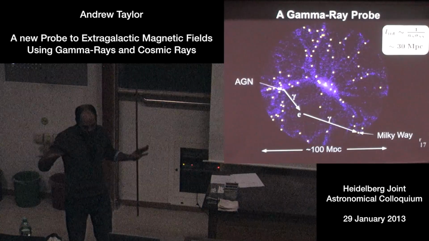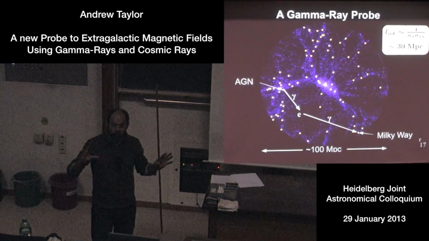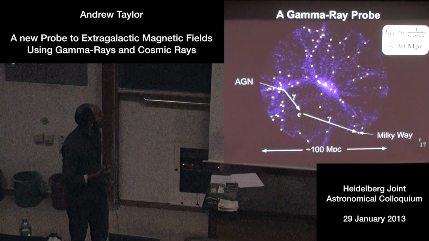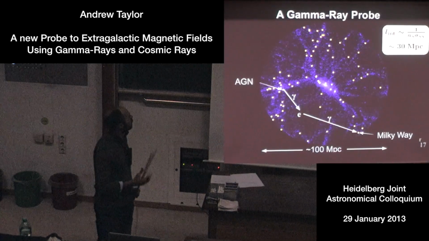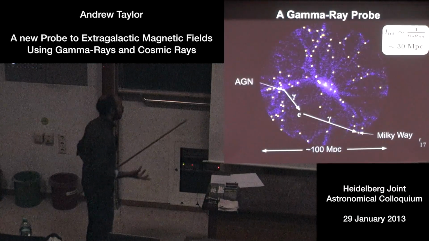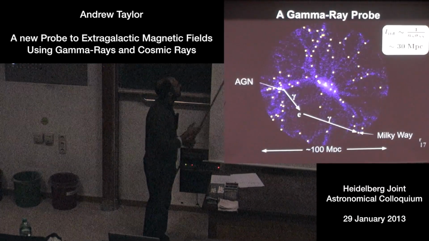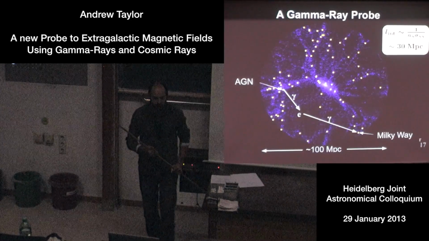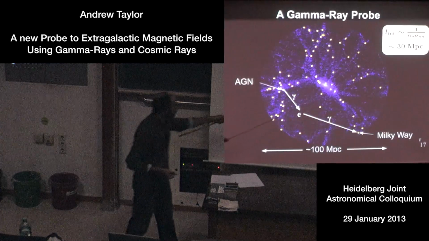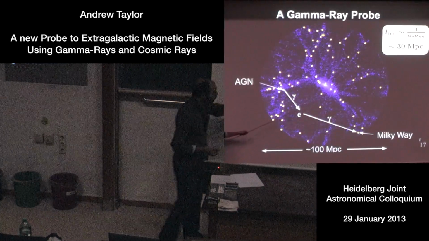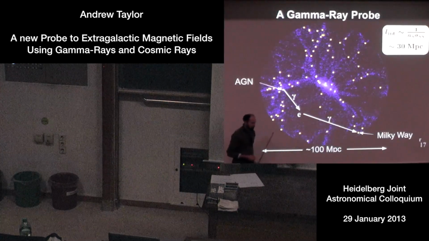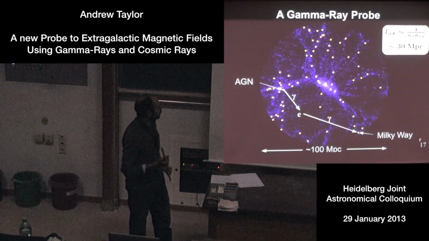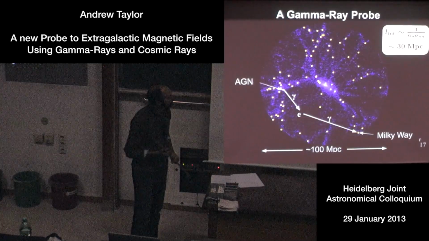That's the part of my talk where I wanted to talk about using cosmic rays as a probe of the extragalactic magnetic fields. And now I want to move over to using gamma rays. So first off, using a neutral particle, why would that work? That's because I'm using very high energy gamma rays that will also interact in these void regions and make high energy pairs. And those pairs will cool through inverse Compton scattering, and the secondaries will arrive to Earth coming from my blazar in this scenario here.